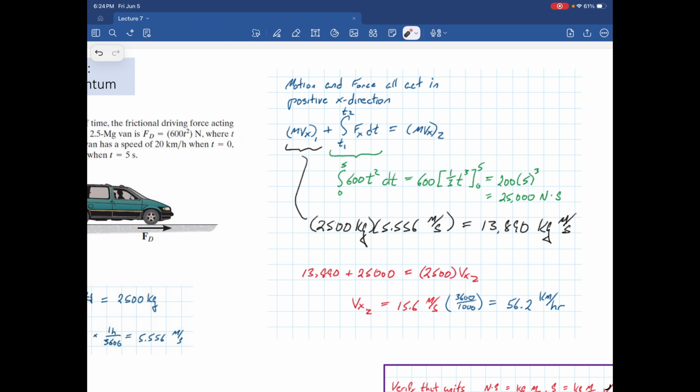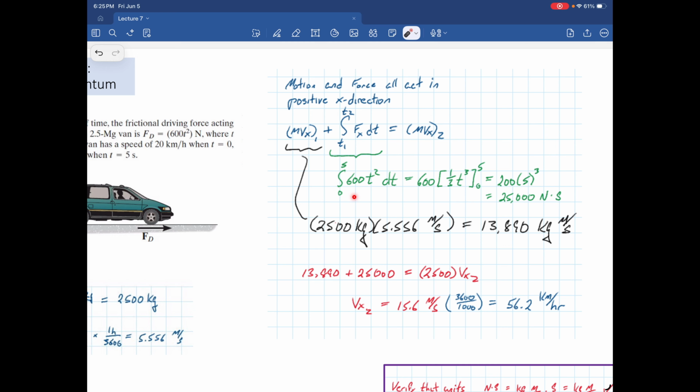Okay, so the motion and the force all act in the positive x direction, so we only have a single equation to work with. So we'll say the initial momentum plus the impulse that's applied to it between times t1 and t2 will equal the new momentum of the object.